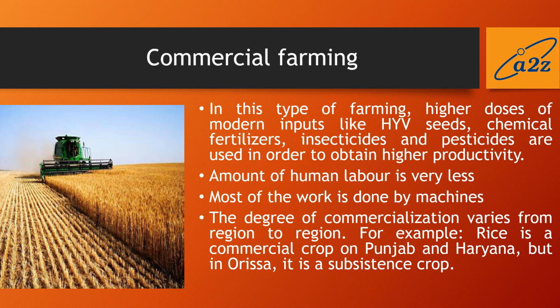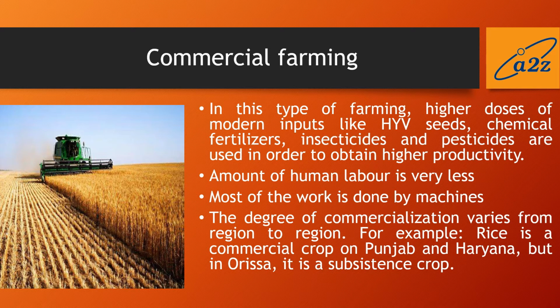Third one is commercial farming. In this type of farming, higher doses of modern inputs like HYV seeds, chemical fertilizers, insecticides and pesticides are used in order to obtain higher productivity.